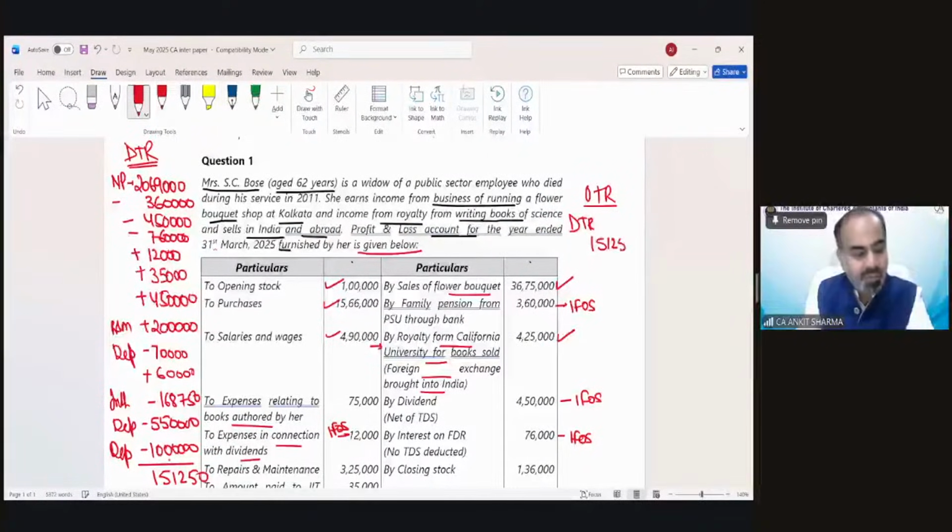Now, can you tell me what changes we have to do to find out the business income under optional tax regime? Can you suggest what I need to add back or reduce for finding out the income as per optional tax regime out of the information given?